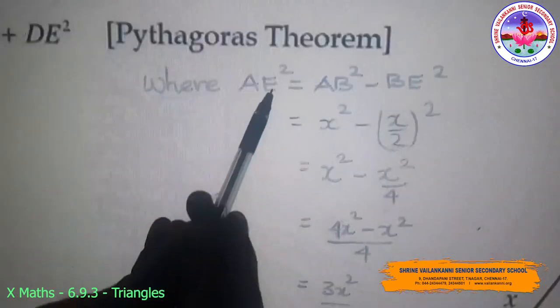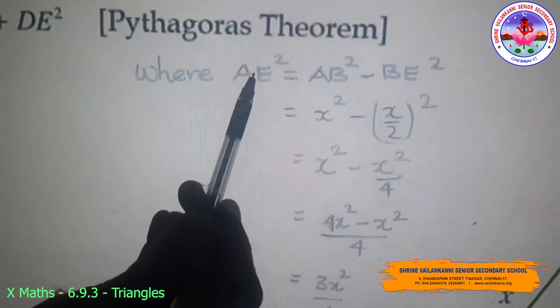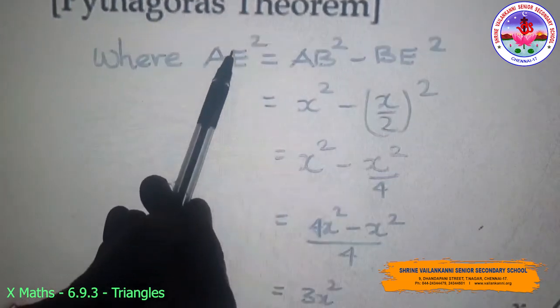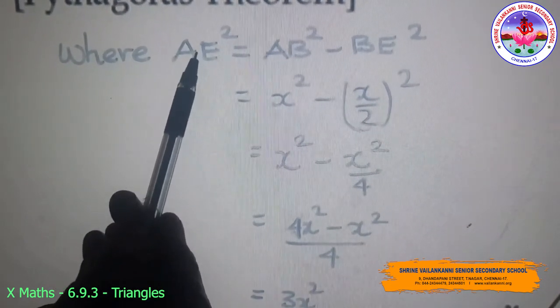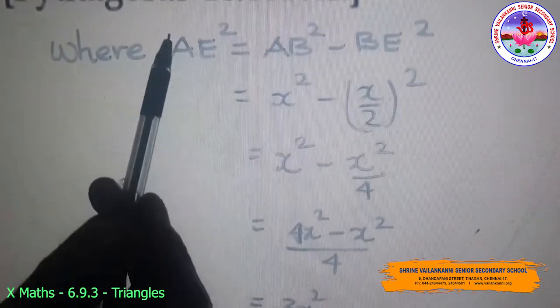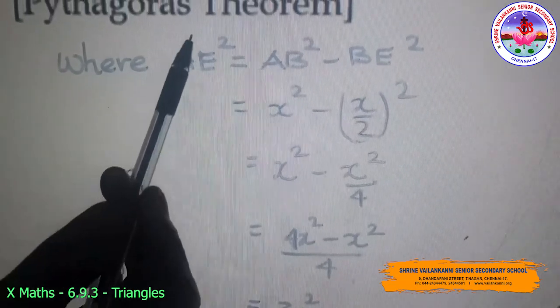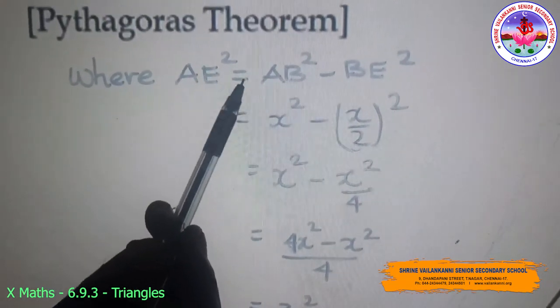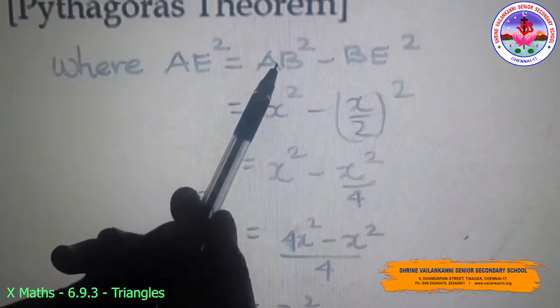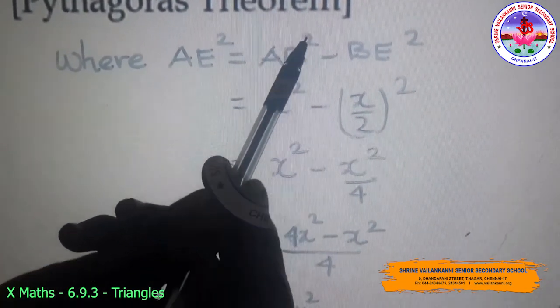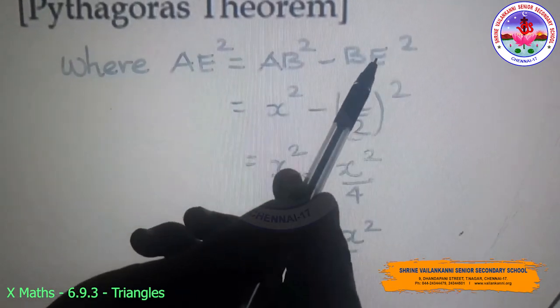AEB. In right angle triangle ABE, where AB is the hypotenuse, the other two side squares will be AE and BE. So I want to find the side AE squared, which can be obtained by subtracting BE squared from the hypotenuse, which is equal to AB square minus BE square.